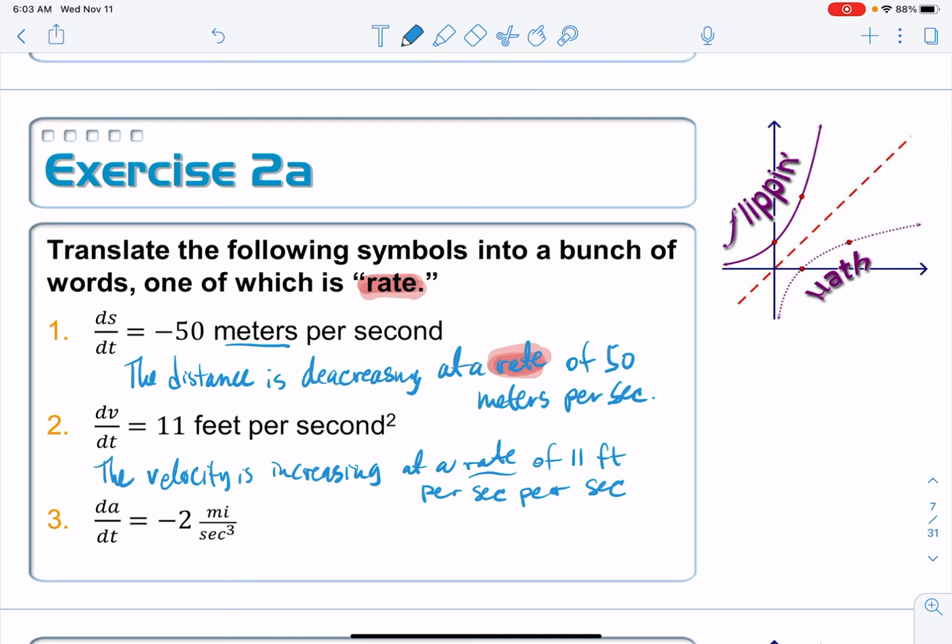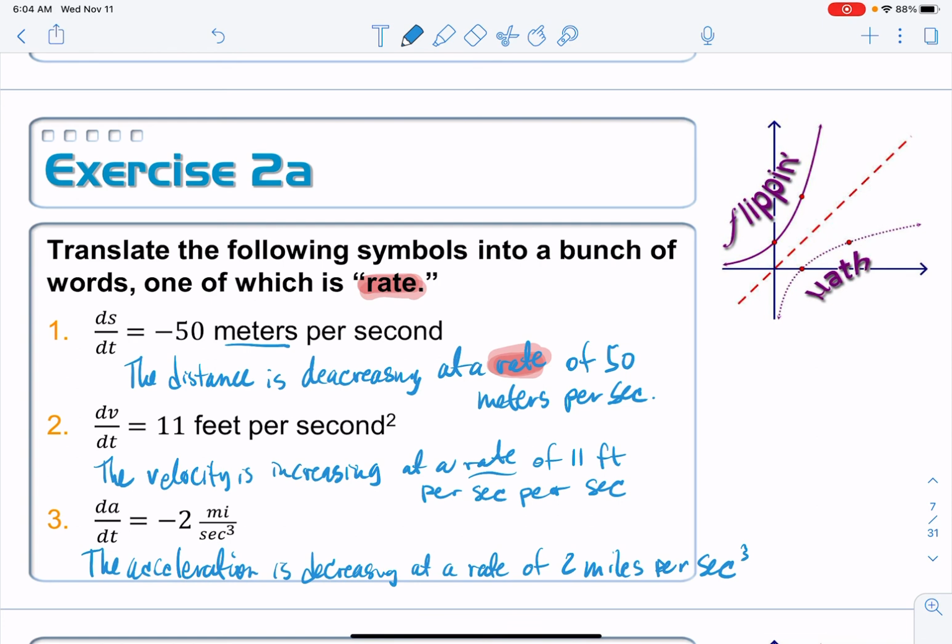It's negative, so we're going to say that the acceleration is decreasing at a rate of 2 miles. Pretty sure that's not how you spell that word. Miles per second per second per second. And I'm going to be pretty lazy about that and just put per second cubed.